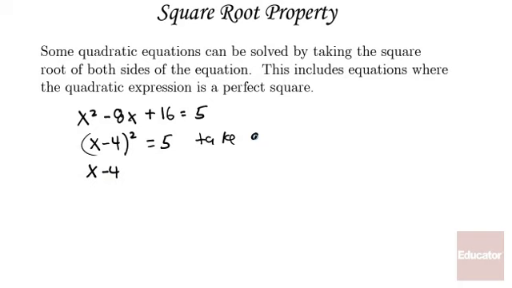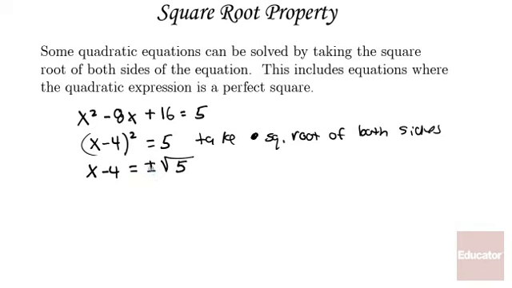Take the square root of both sides of the equation to get x minus 4 equals plus or minus the square root of 5.